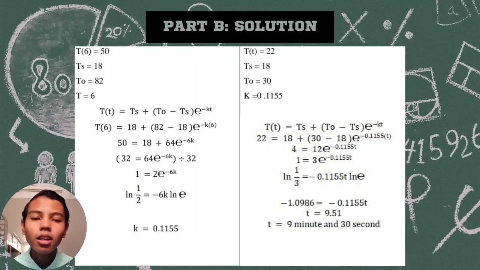So the solution of this question, where we need to find the time taken for the solution to cool from 30 degrees Celsius to 22 degrees Celsius. First of all, we need to know what formula to use. From the question given, the formula is Newton's law of cooling, which is T(t) equals Ts plus open bracket To minus Ts close bracket e to the power of negative kt.